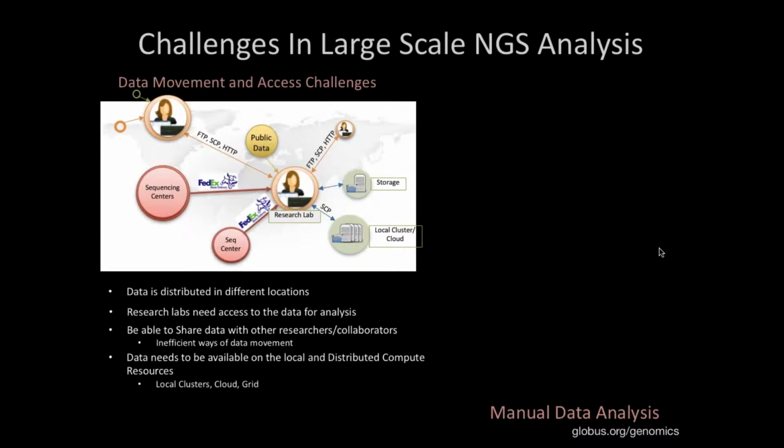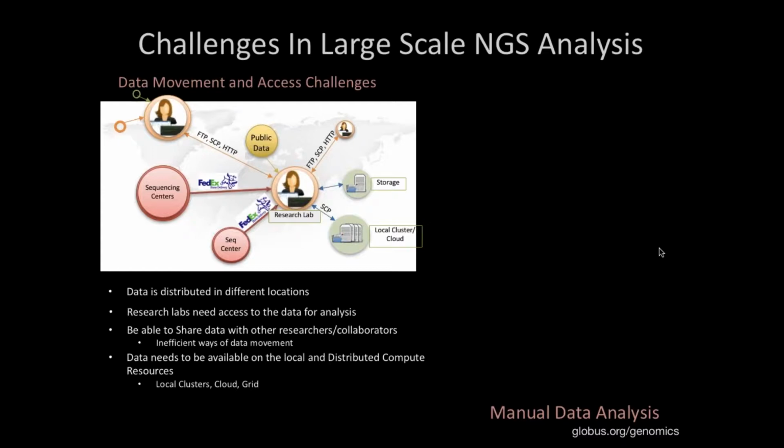Especially in the U.S., I'm not sure if this is the case in Europe, if researchers are doing sequencing data analysis, they typically send their tissue biospecimen to a sequencing center to have it sequenced. The sequencing center does the sequencing, copies all the raw data onto a hard drive, puts the hard drive in a FedEx truck and ships it to the researcher.